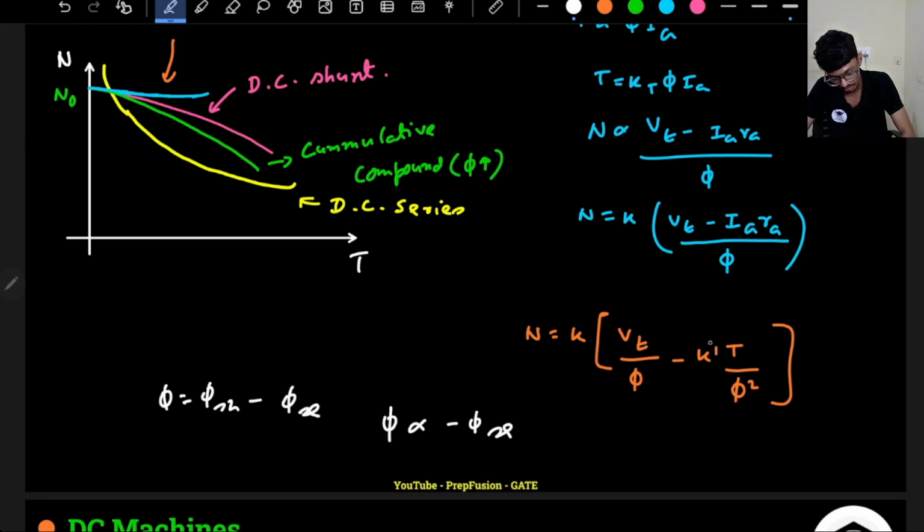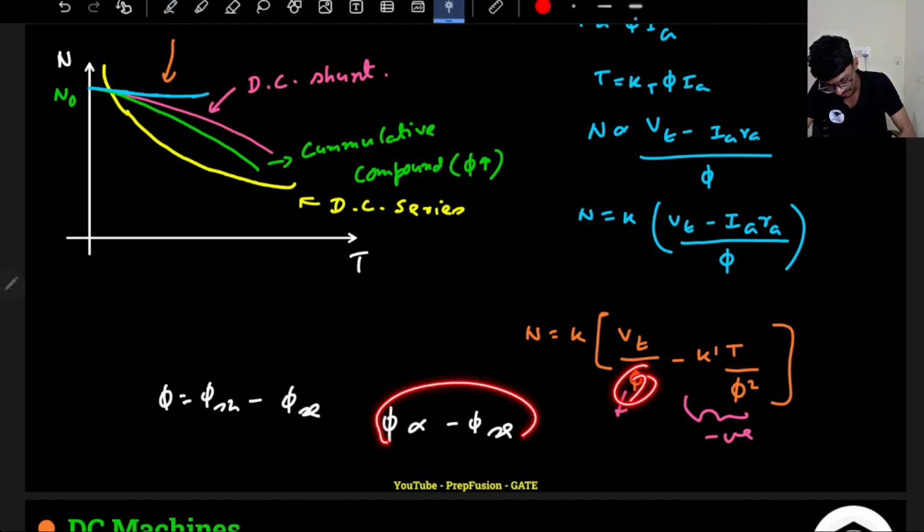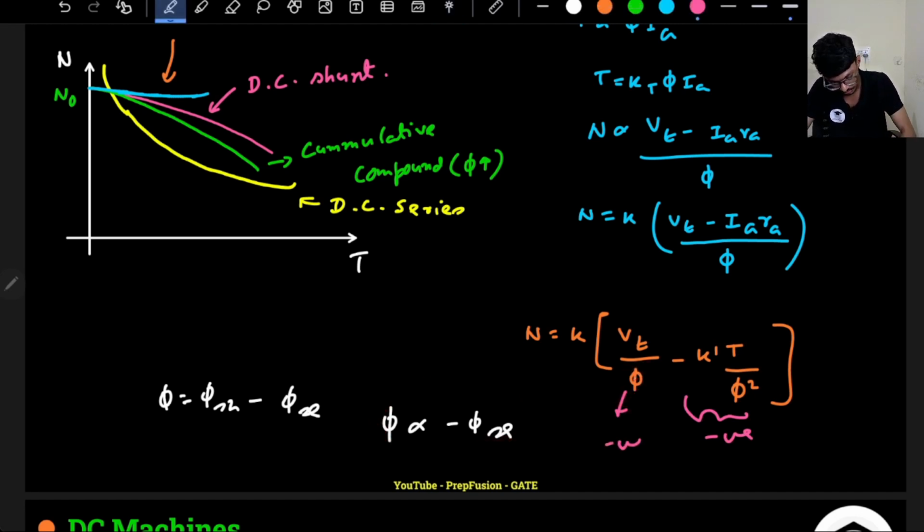This term is positive because it is T upon phi square, and I have a negative sign over here, so overall this will be negative. And Vt upon phi itself is negative, so this is also negative. So speed is trying to go to negative.